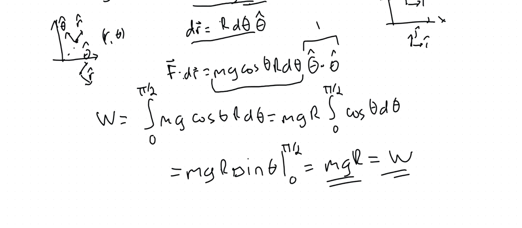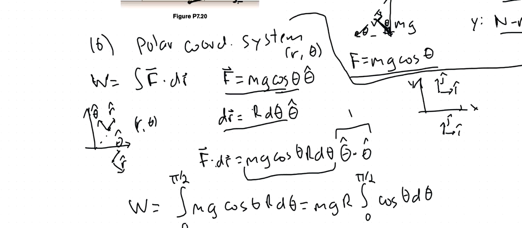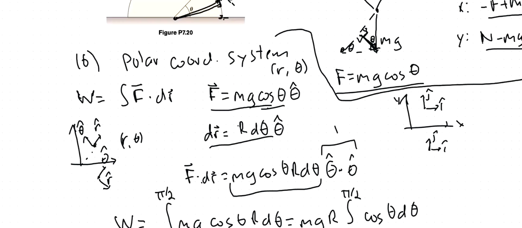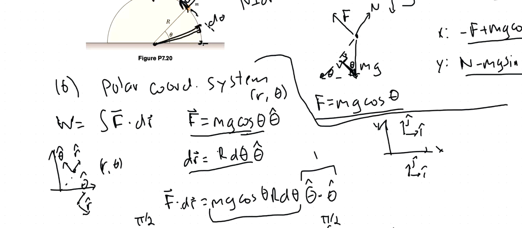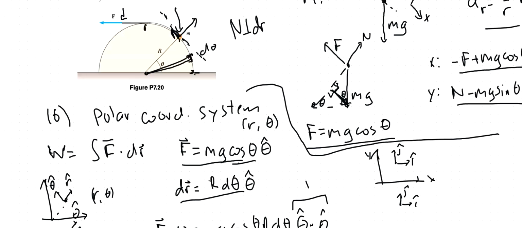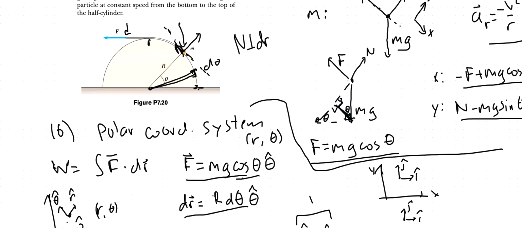Now, let me just look at one thing here, because in principle one could do this problem in another way. If I have my mg cosine theta force acting in this direction, I think this is the cleanest way to do it.